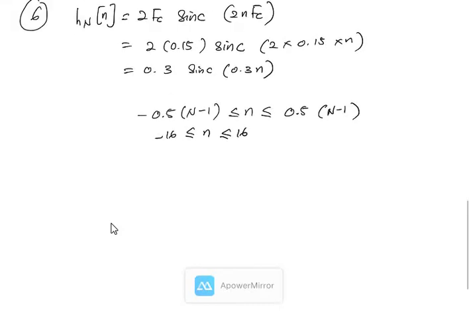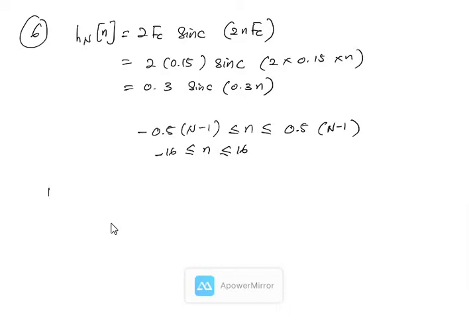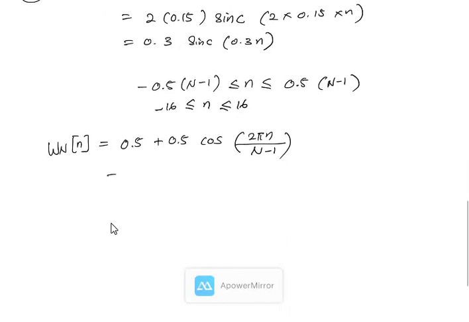And then after Hn, we obtain the Wn, which for the Hanning window is 0.5 plus 0.5 cos of 2 pi n divided by N minus 1. So this is equivalent to 0.5 plus 0.5 cos 0.0625 pi n.